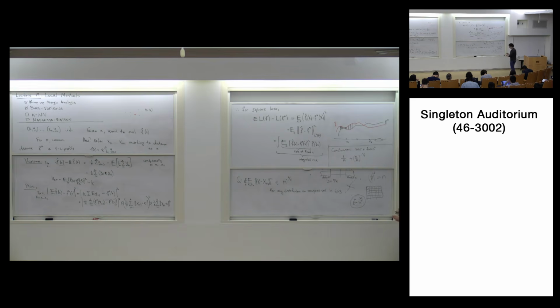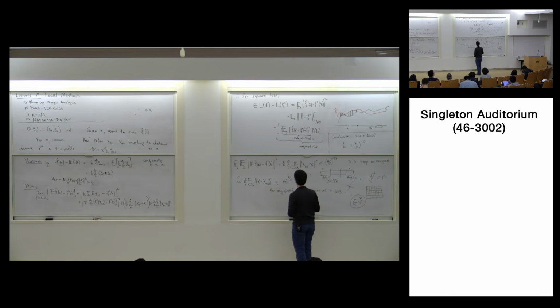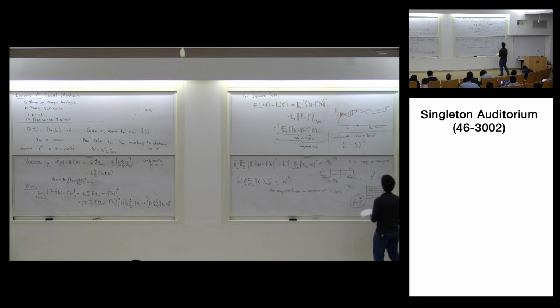And as I promised, is that correct? 2 over d. Maybe there is a minus missing. Yeah, sorry. So this is correct.